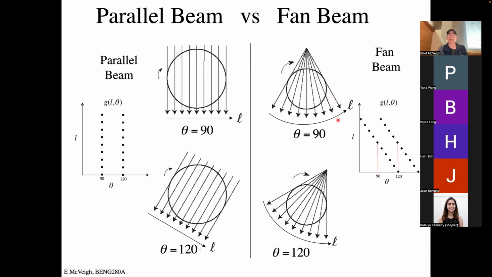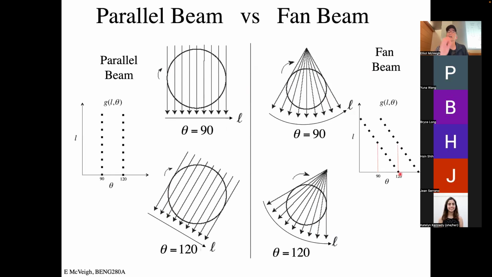Where you put it is, if my center one is at 90, let's label this projection as the angle of the center one. So that's at 90. Then some of the measurements I make will be at lower angles, and some will be at higher angles. Here are the ones at the higher angles, and here are the ones at the lower angles. That's how I map them into G(L, theta) here.